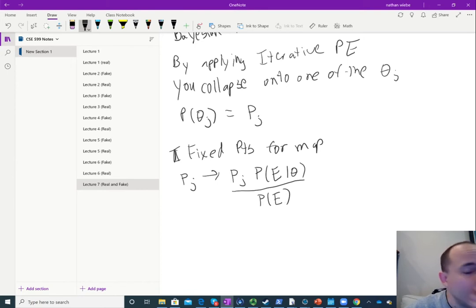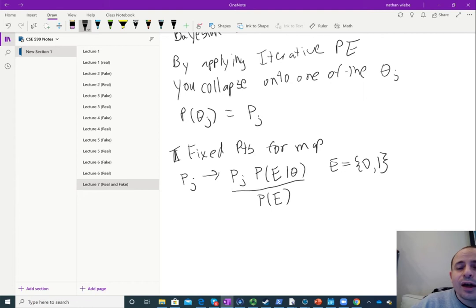So this is what happens when we measure and we get an outcome E, where E is either going to be 0 or 1. Regardless, the values of Pj update the exact same way they do for Bayes' theorem.